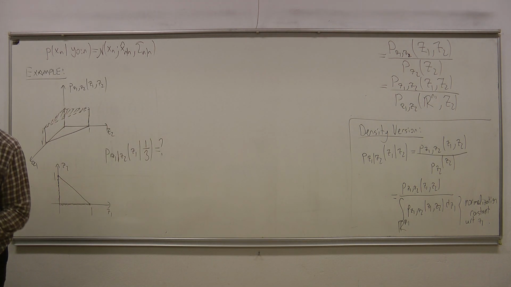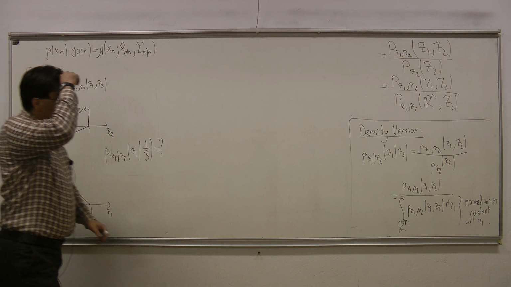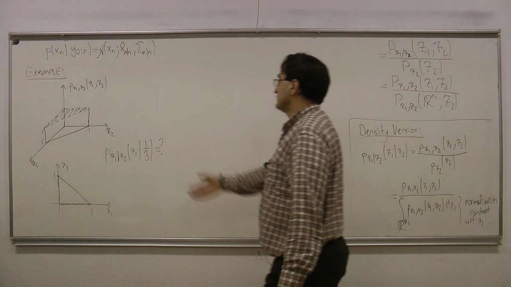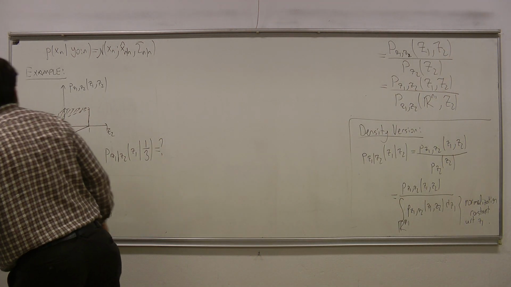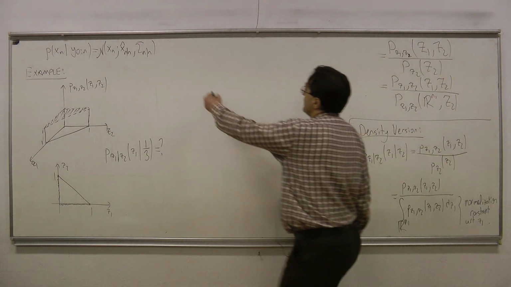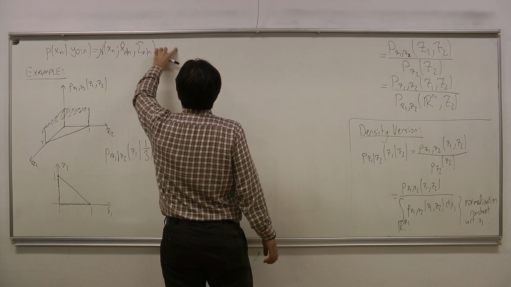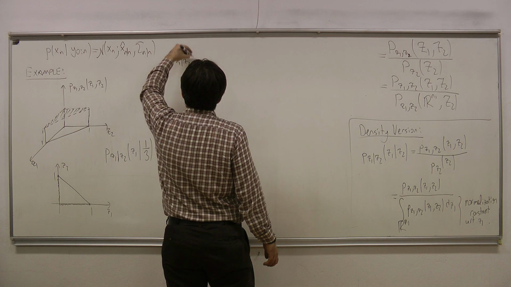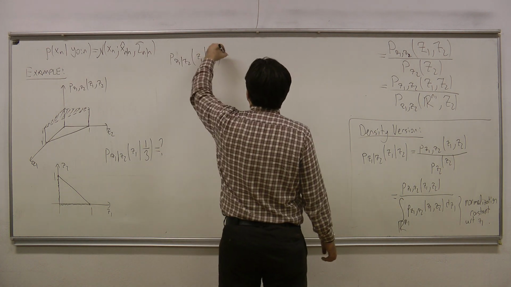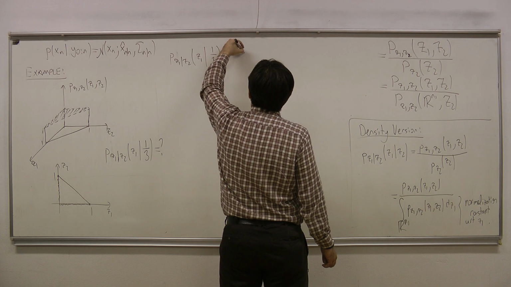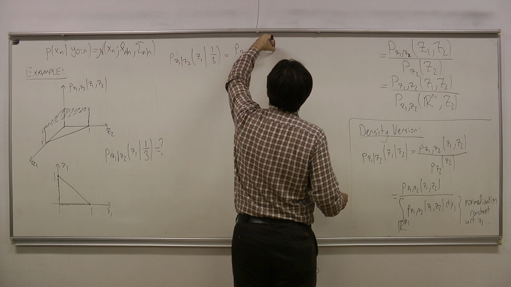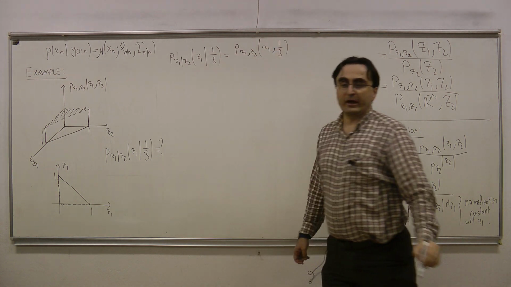So now you might actually remember how to find such conditional PDFs. So here I will use this formula. P of Z1 given Z2 equals 1 over 3 is equal to, in the joint PDF, I will substitute the value of 1 over 3.